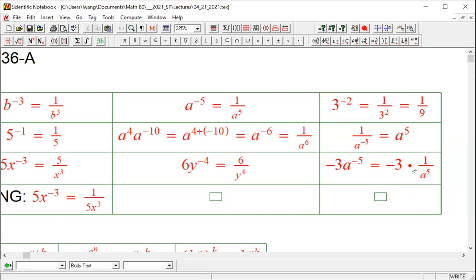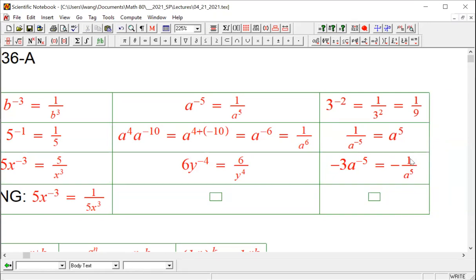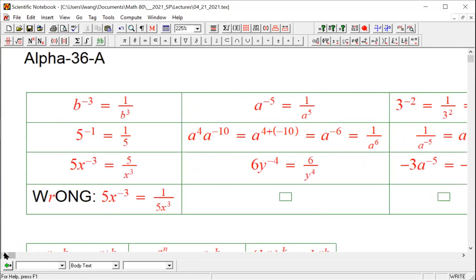So in the end, it's just negative 3 over A to the power 5. This is the way we commonly express this expression without the negative exponent. So far so good?